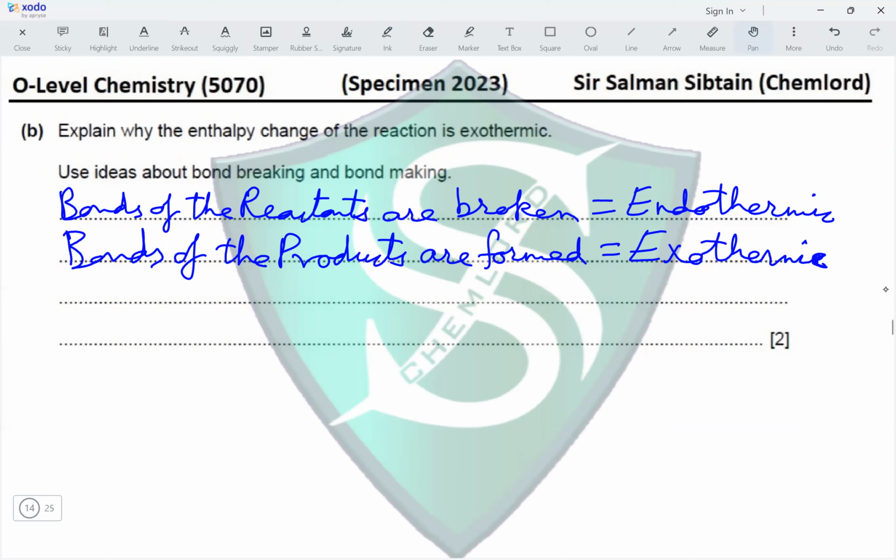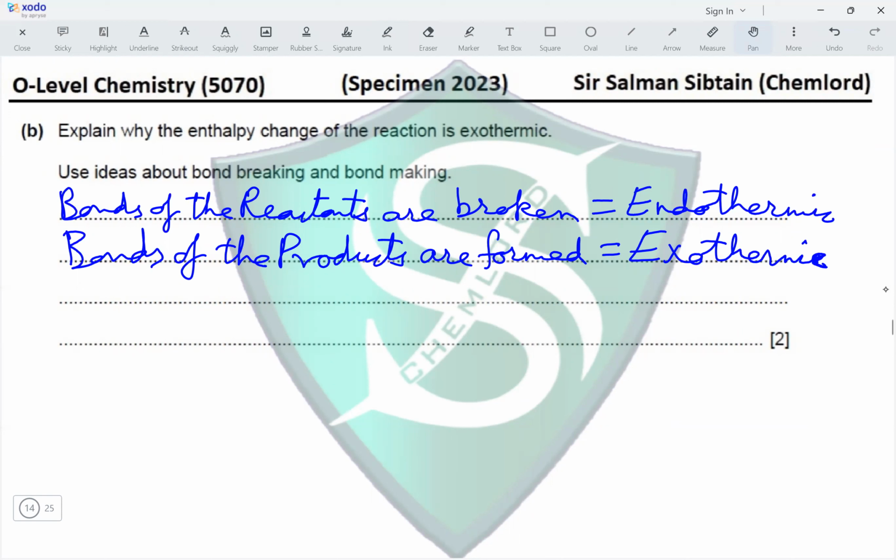Now, it asks us to explain why the enthalpy change of reaction is exothermic. So we have an endothermic process and an exothermic process taking place. If the overall reaction is exothermic, that means more energy is being released than is taken in. So that is why the overall enthalpy change is exothermic.